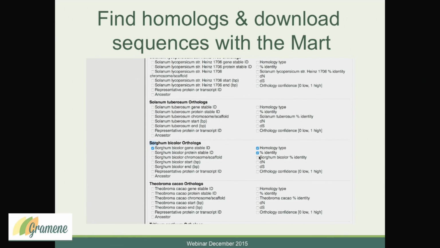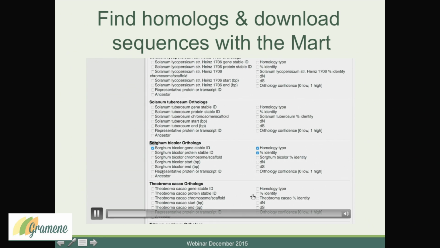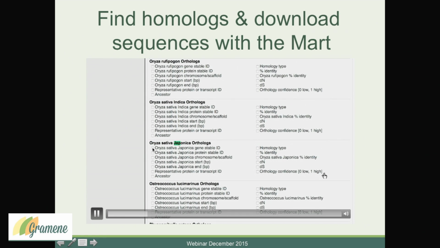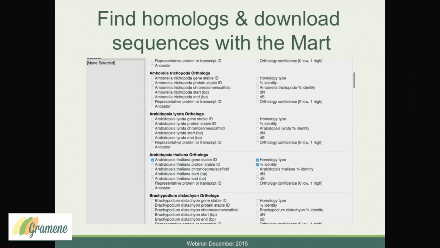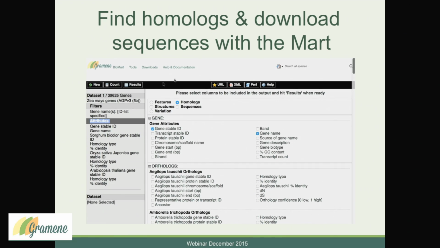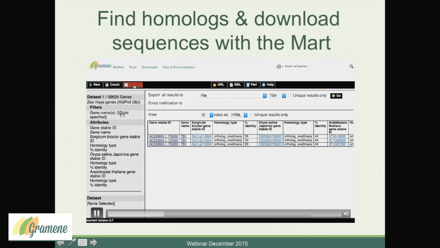And then I go to the species I mentioned, sorghum, and I want to see what kind of homology they have, whether it's 1-to-1 or 1-to-many homologs in the other species, and the percentage of protein identity between my query and my target. So I selected those 3, and as you can see, everything that you're selecting appears on the left navigation bar. So here are my results.